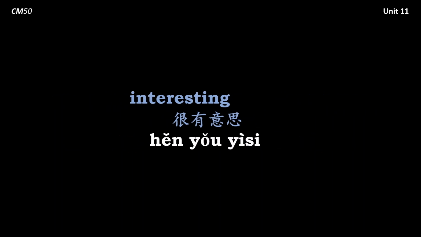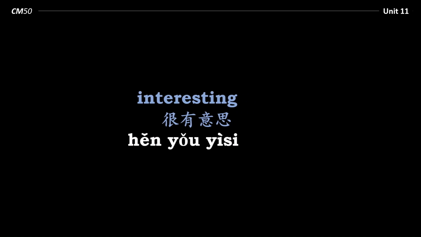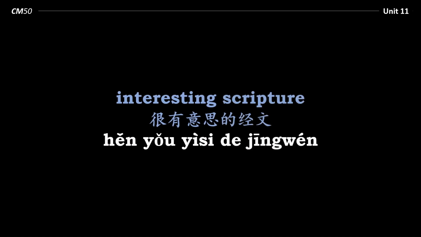First of all, the adjective interesting will be translated as 很有意思. So that's one way to say interesting in Chinese. 很有意思. Then we use the adjective marker or descriptive marker to connect that adjective 很有意思 to the noun 经文. And what we get is 很有意思的经文, interesting scripture.